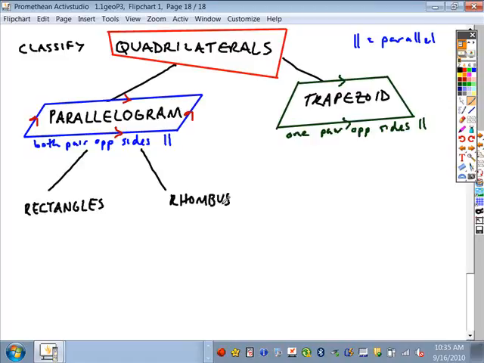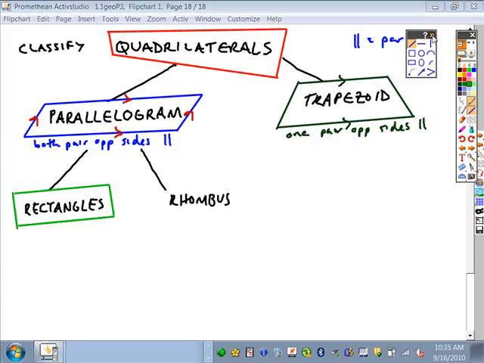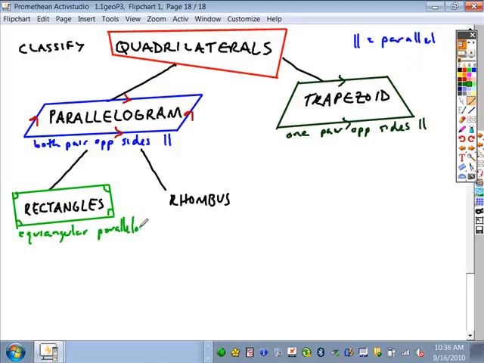The plural of that is rhombi, if you hear me refer to it. A rectangle is designated by being a parallelogram with 4 equal angles. So a rectangle is basically an equiangular parallelogram.